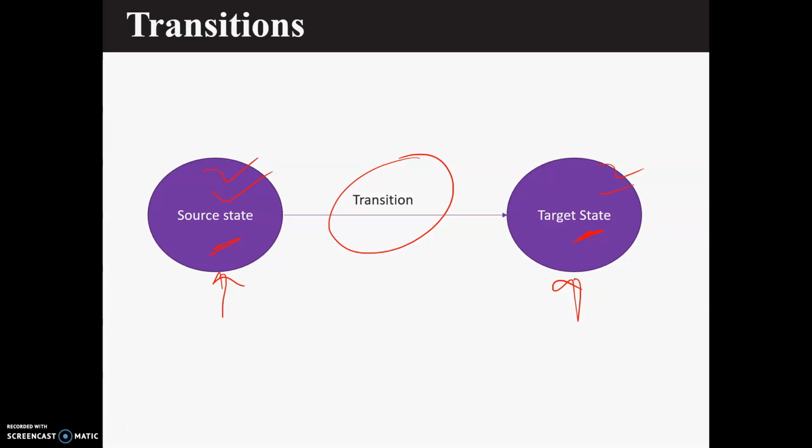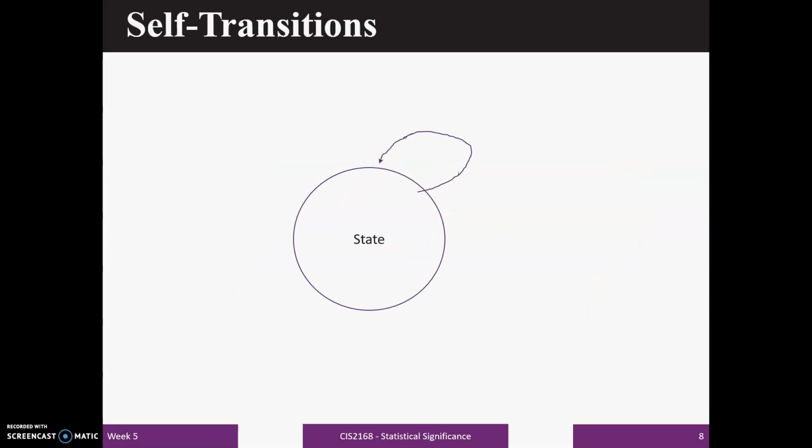There is another type of transition which you can use in a state machine diagram, known as a self transition. If you are creating a state machine diagram and you are performing a transition like this, that is a self transition.